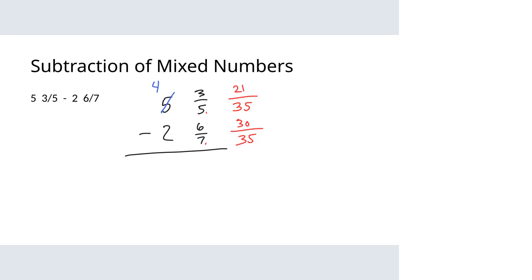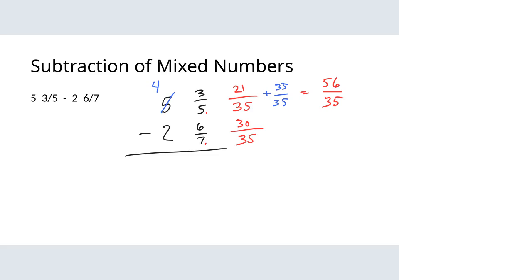What I've done here is I have borrowed 35/35. So now my new fraction on the top here is not 21/35 anymore. Now my new fraction on top is, let's see, 21 plus 35, that's going to be 56/35.